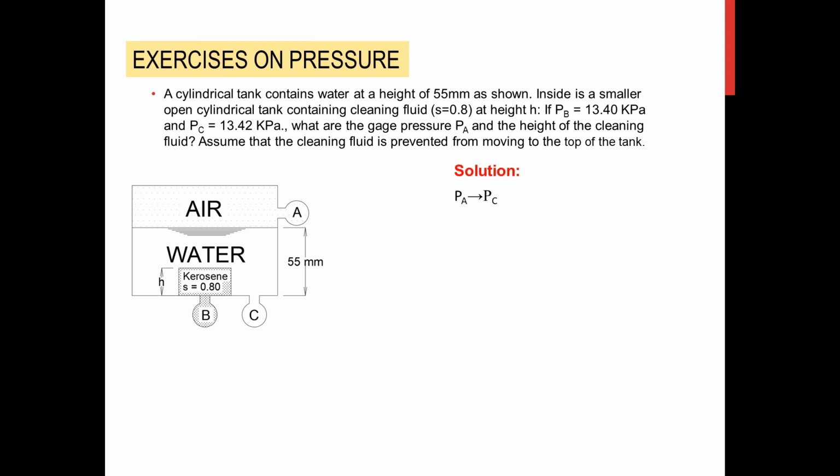So for our solution, we write the pressure equation utilizing the given, of course. So from PA to PC. So question here, why not directly go to PA to PB? Because PA here is unknown and H is also unknown.